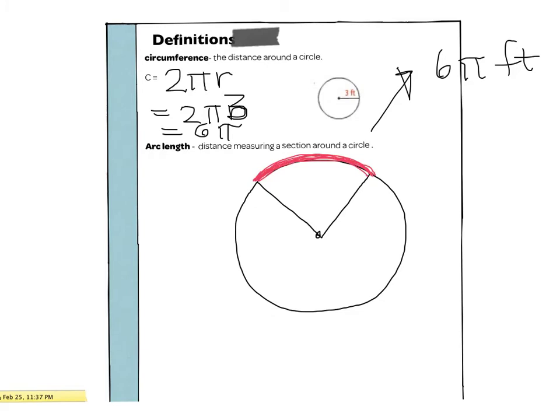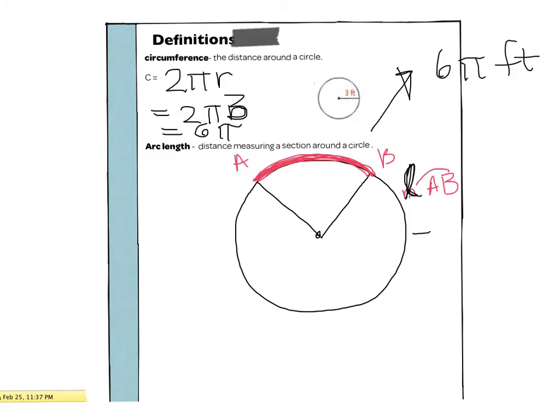The formula for the arc length of a circle is, if we were to give this an A and a B, we'd be looking for the length. So I actually want to write the word L here, so we know this is length. We want the length of arc AB.